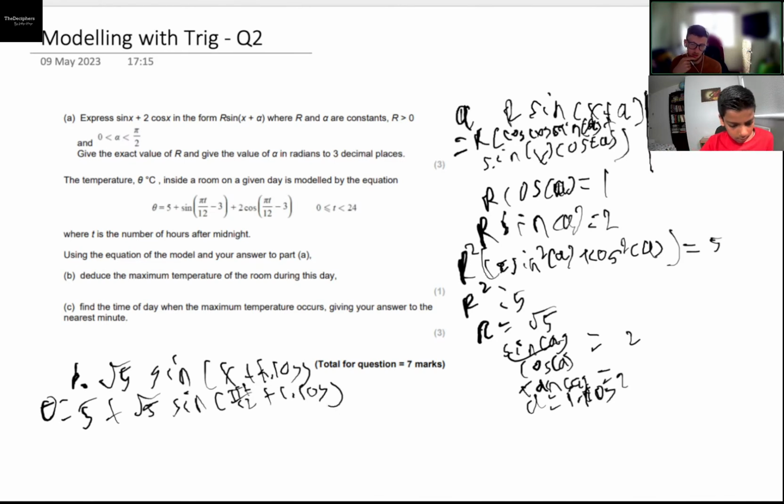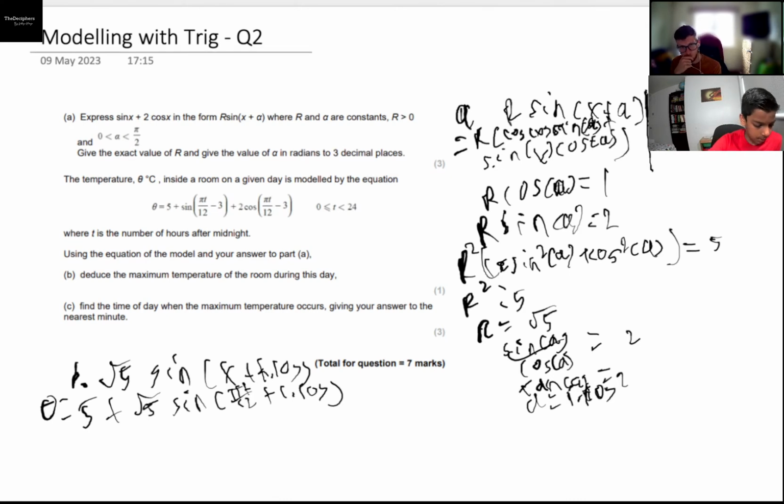What about minus 3? In the equation it's sine pi t over 12 take away 3. So then it's minus 3 plus that, so minus 1.892. 1.893, I mean.